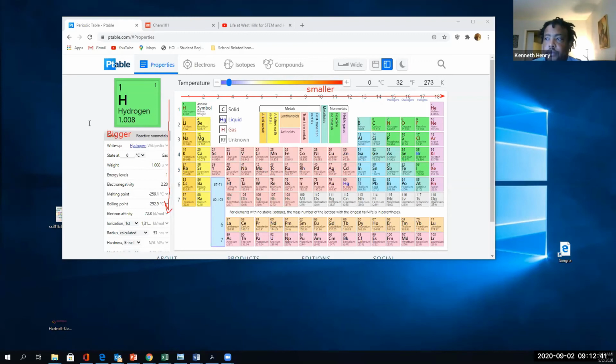So looking at the periodic table, let me explain this real quick. These guys actually fit in this slot right here, right? So the periodic table, what it really looks like, let me show you.